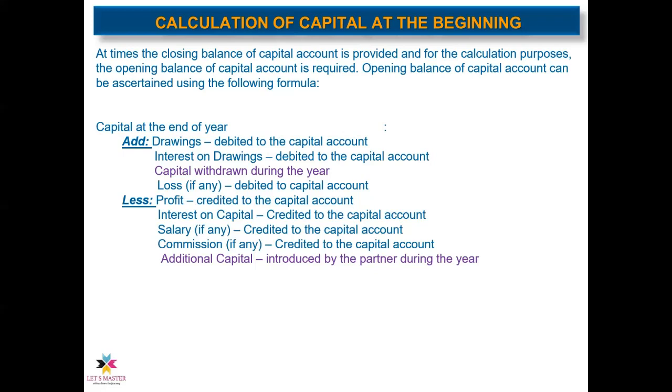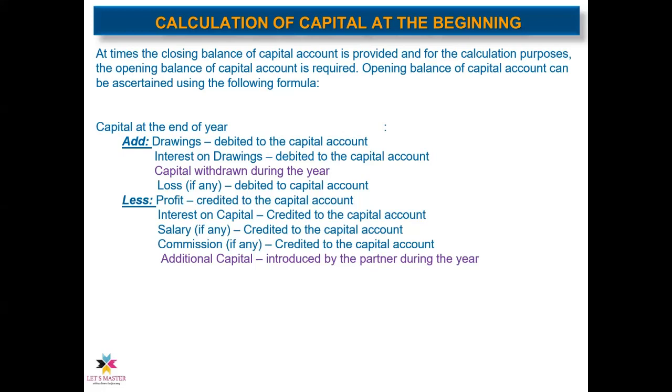Now here, you may see that capital withdrawn during the year and additional capital introduced by the partner during the year are written in a different color as compared to the rest of the text. The reason is these are the two items you will consider for calculating the opening balance of the capital account if you are maintaining the partner's capital account using the fixed capital method.